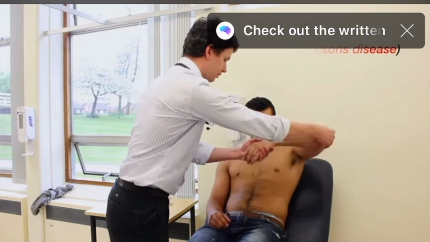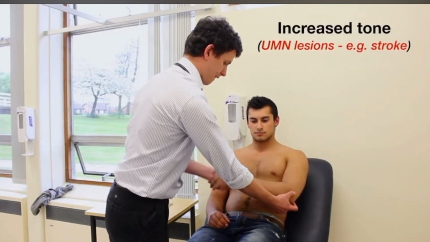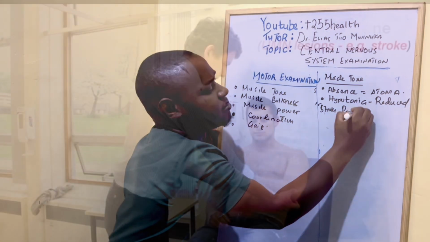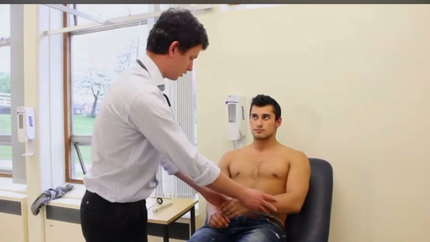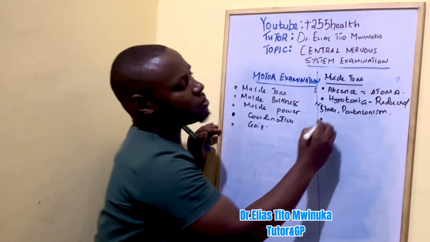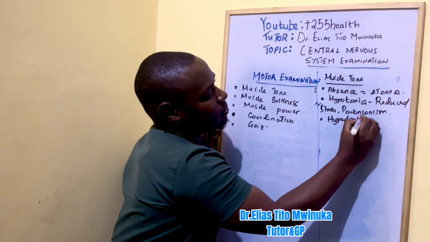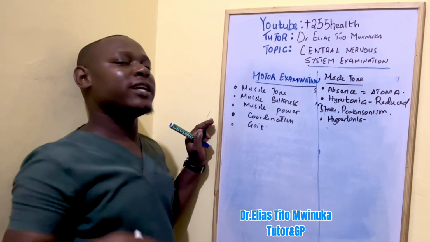And this can also be seen in different types of conditions, such as stroke, Parkinsonism, and some others, you see. And then also there's hypertonia, in which the tone is actually exaggerated.